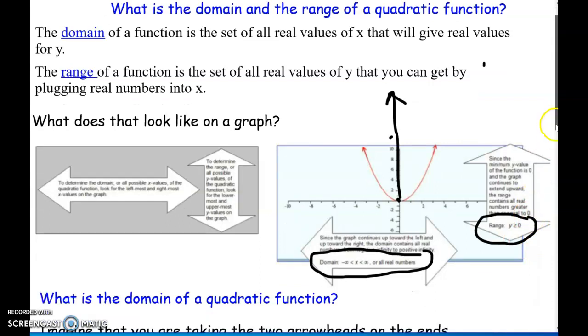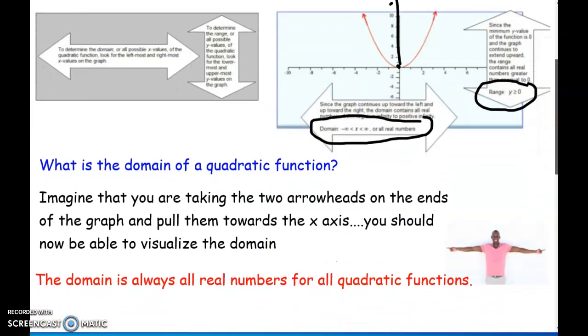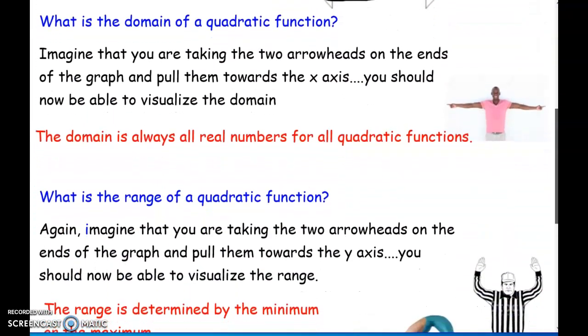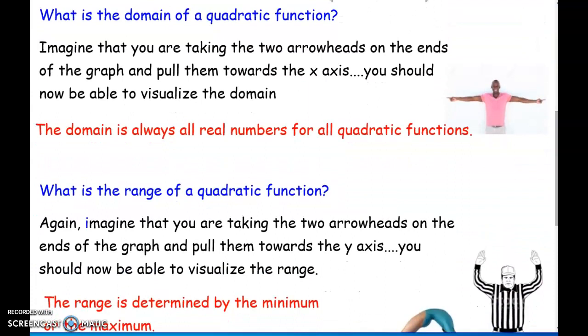Okay, one of the ways I like to think of it, and this is sort of stuck in my head, so let's try this. What's the domain and range of a function? Imagine that this is my parabola, and this arrowhead's on either end. And imagine that you take the two arrowheads and squish them towards the x-axis.